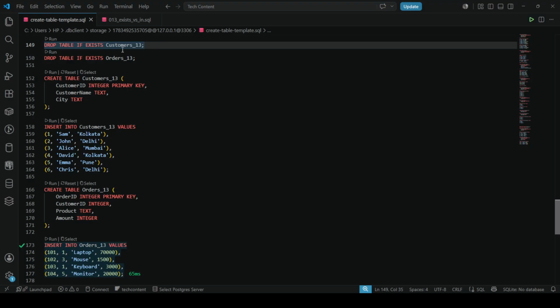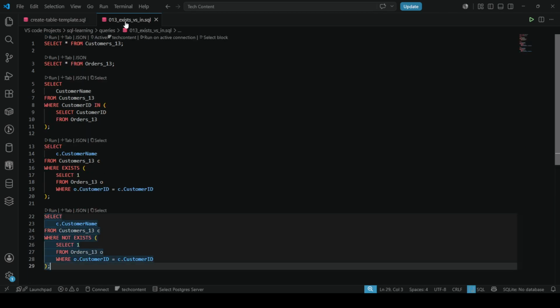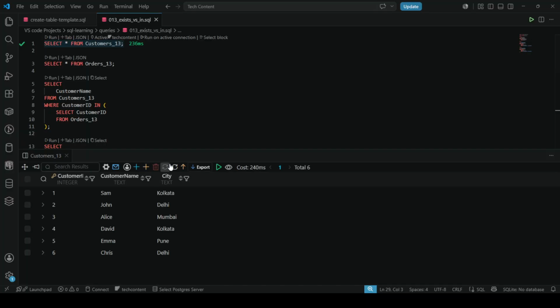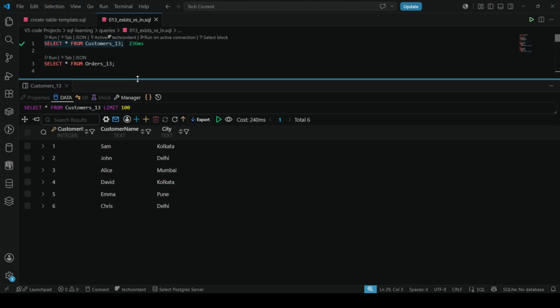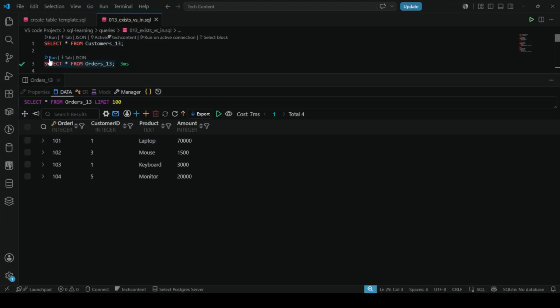If there is any table with the same name, it will drop it and create the new table. I created the tables and now let's execute the query. This is the customers table, let me expand it so it is easy for you to see, and this is the orders table.